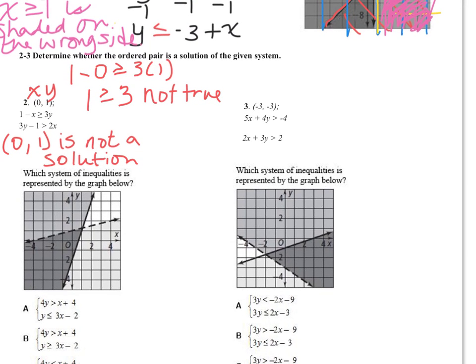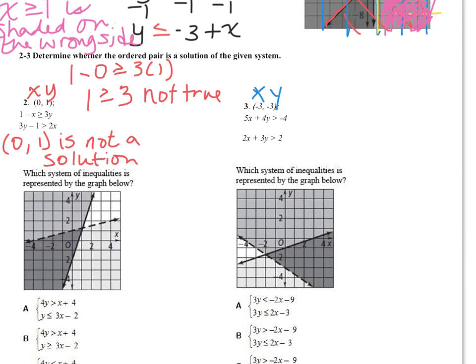All right. Number 3. My solution point is -3, -3. So my x value is -3. My y value is -3. So I'm going to plug those both into both equations.